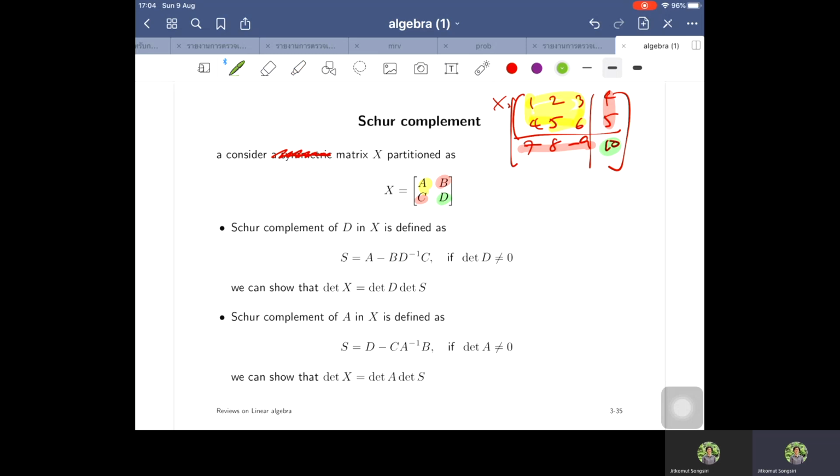So when you have X partitioned into these 4 blocks, the Schur complement is defined in 2 different ways. The first way is what we call the Schur complement of D in the matrix X. X is the whole block, and the sizes of A, B, C, D must agree in a sense.